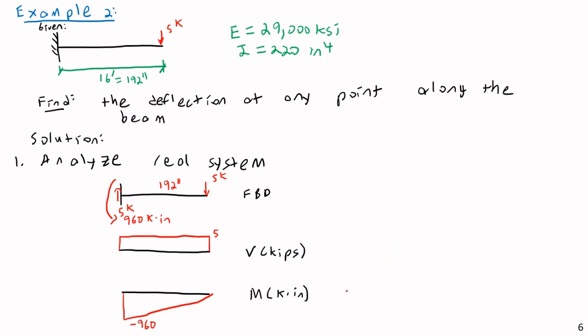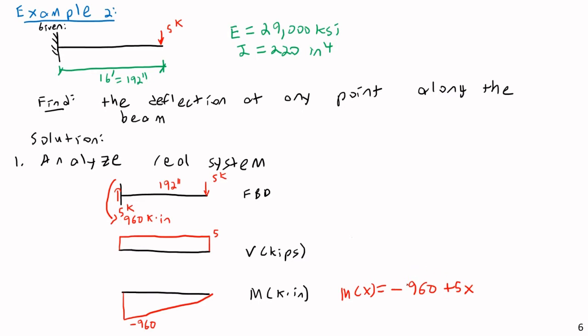And so then we can immediately get our M as a function of x. M as a function of x is going to be equal to negative 960, and if you do just a mx plus b, find the slope of this, you'll find this is plus 5x. It has a slope of positive 5. Again, this is just literally algebra 1. You have one ordered pair at 0, negative 960, and another at 192, 0.